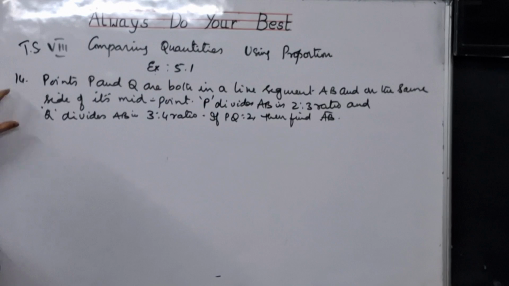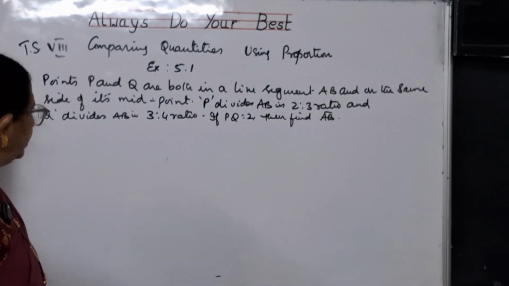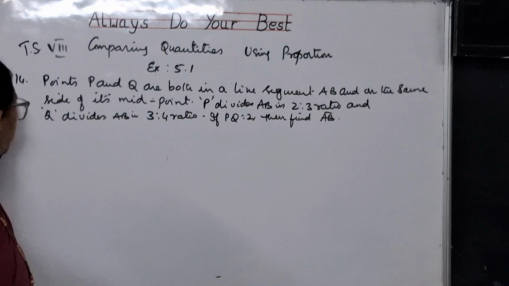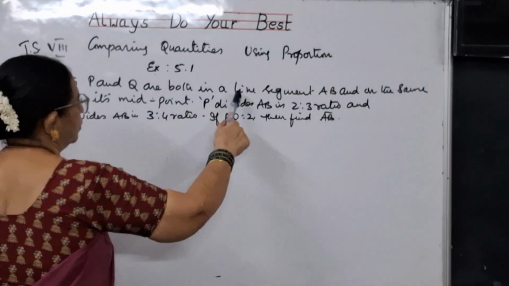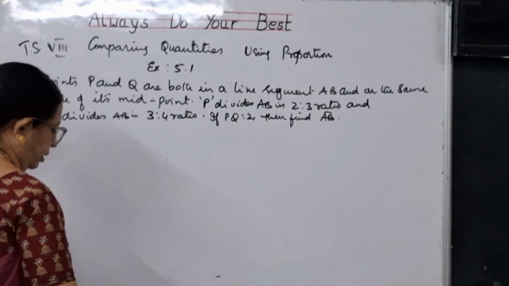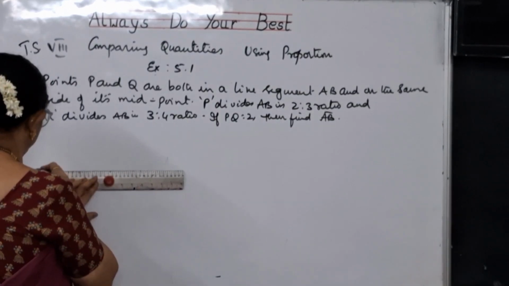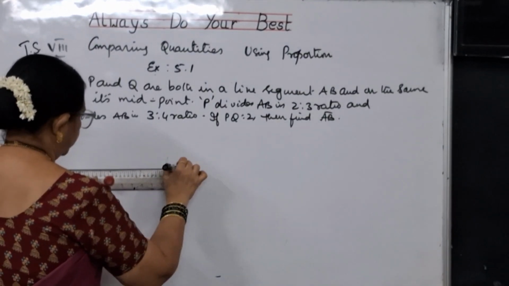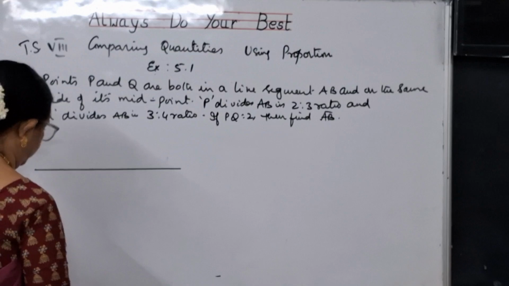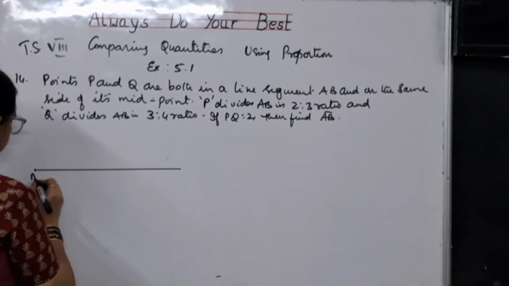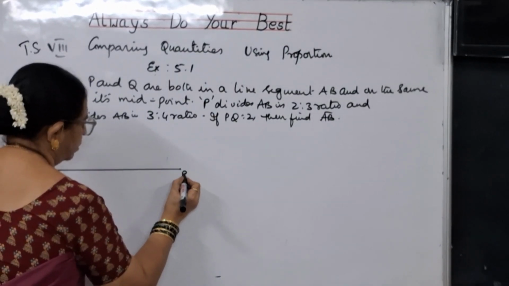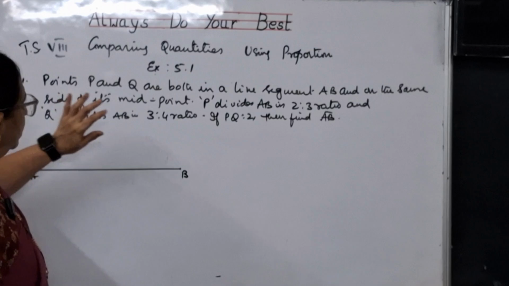So I have written the total problem because in between, for explanation, I need these sentences. P and Q are both in a line segment AB. So let me draw a line segment AB, with A and B as its ends.